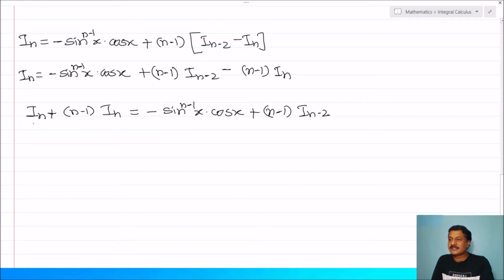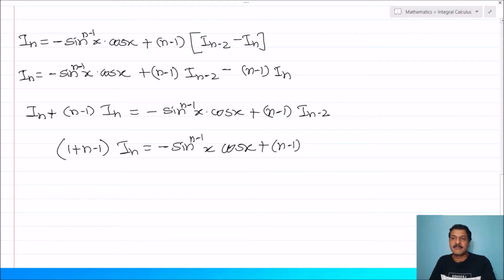So if we simplify this, here I_n common, and in bracket I am getting 1 plus n minus 1 into I_n, and that is nothing but minus sin x raised to n minus 1 into cos x plus n minus 1 I_n minus 2. So what is the I_n then? So I am getting here n into I_n, the right hand side as it is.